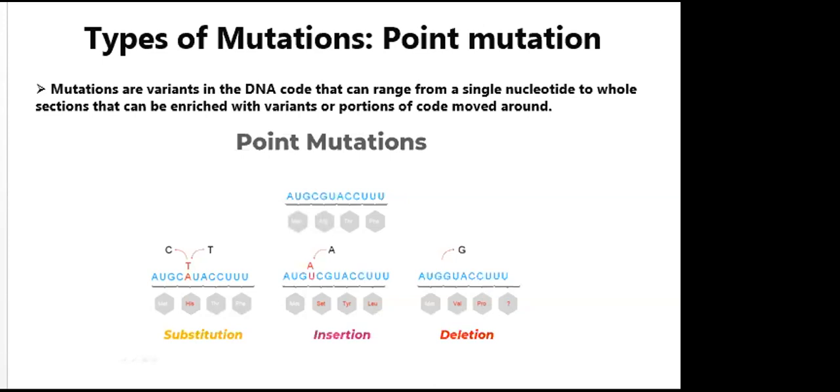Point mutation results when there is an alteration at a single base or nucleotide. The three types of point mutation we should become familiar with are, as we have on the slide, substitution, insertion, and deletion.